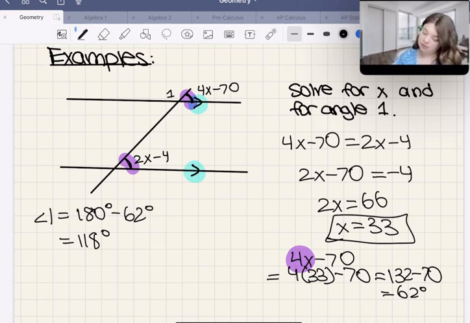And so there we go. The value of x was 33, which made the value of both the purple angles, which are congruent, equal to 62 degrees, which made it so that angle 1, the measure of this angle right here, was 118 degrees.